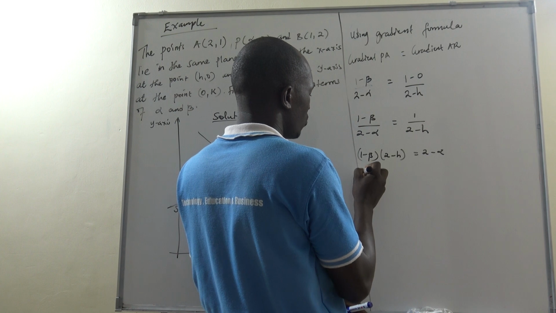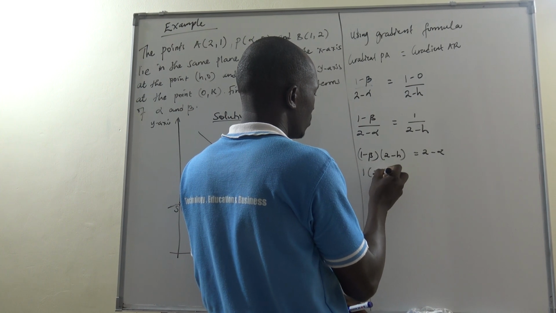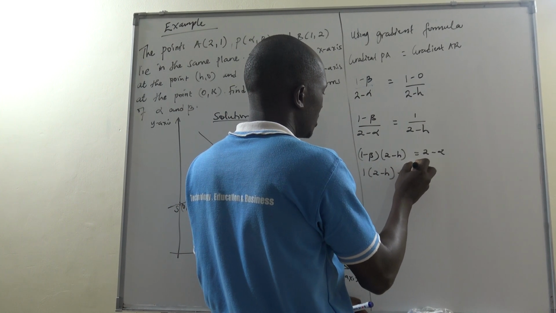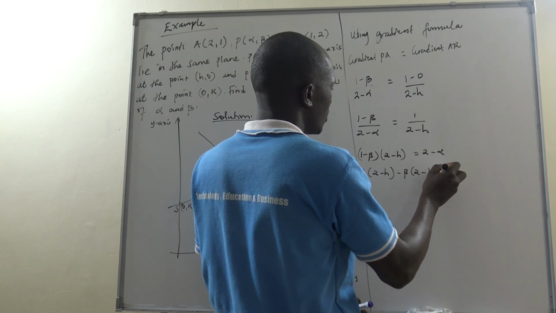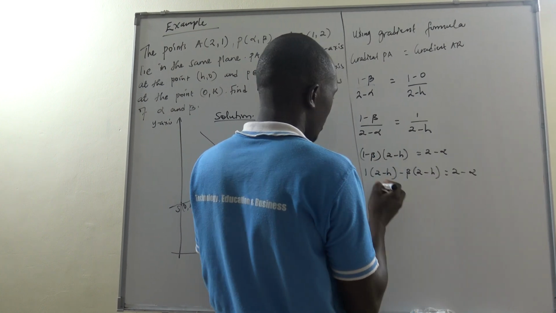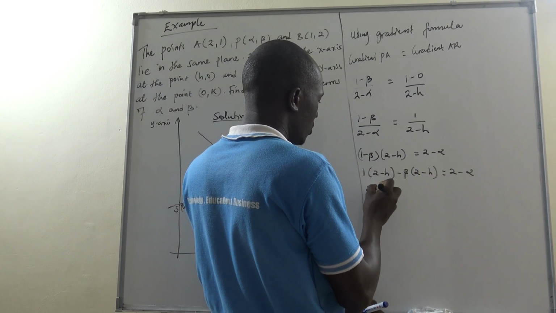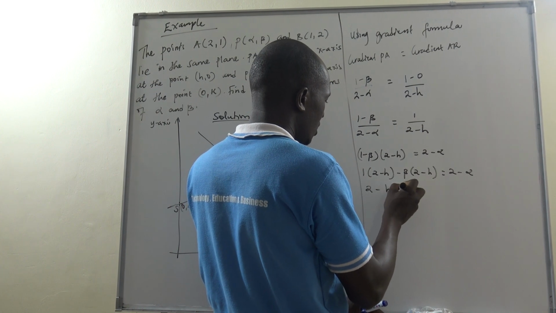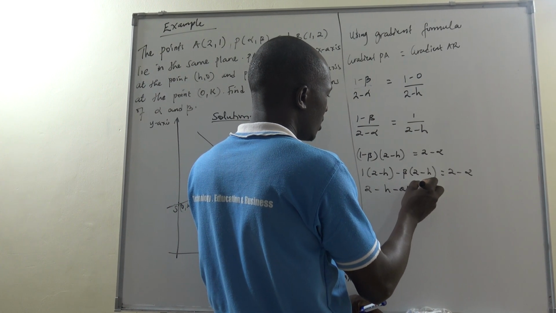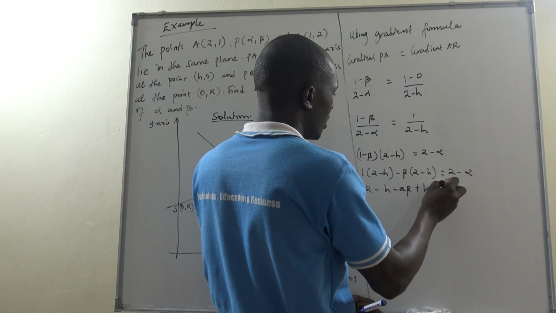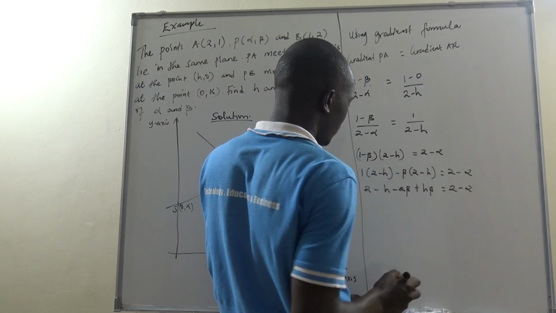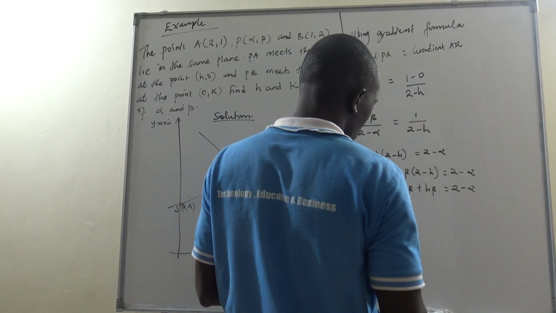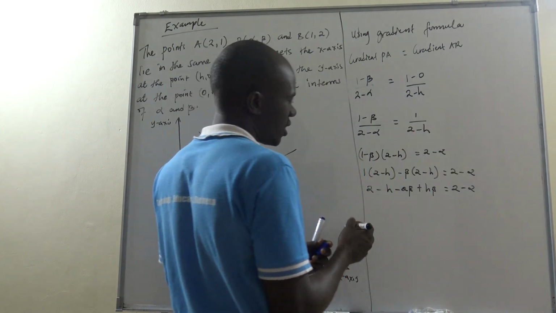Opening: 2 minus h minus 2 beta plus h beta equals 2 minus alpha. Now let us bring h together.